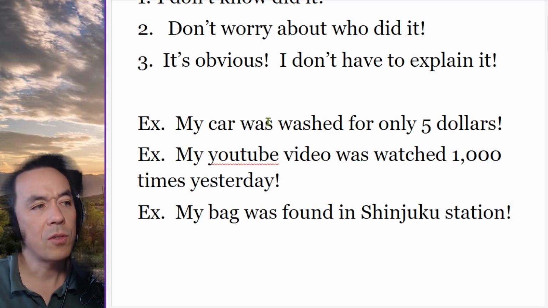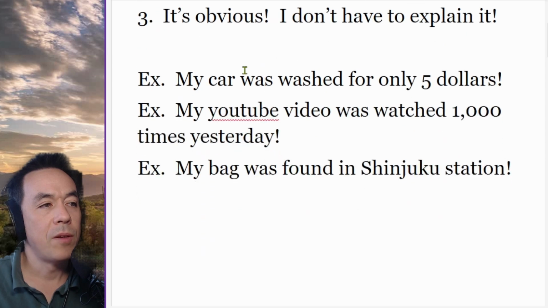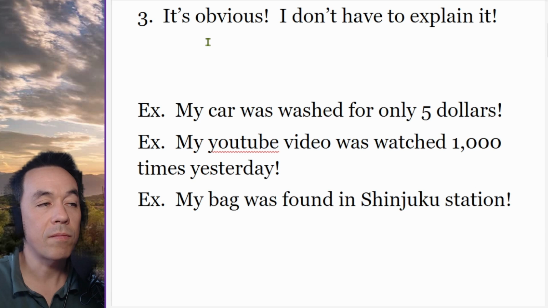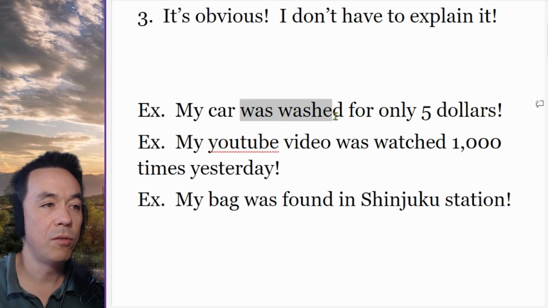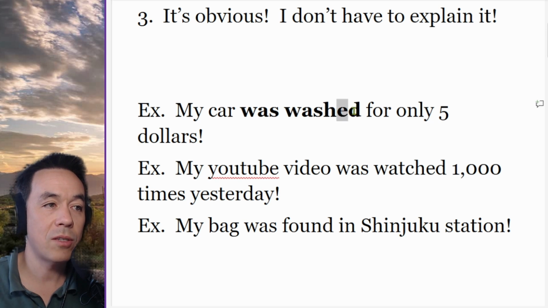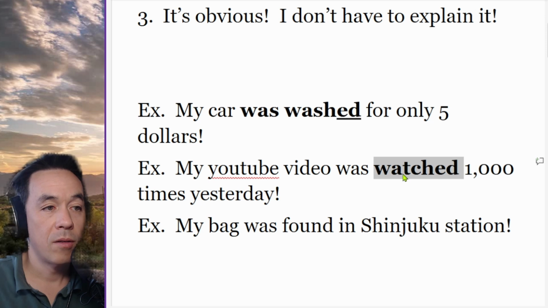All right. So, the tricky part is, let's get back into the grammar. Be careful. You've got two verbs here. Now, luckily, usually you've got the easy version, the -ed type, washed, watched.